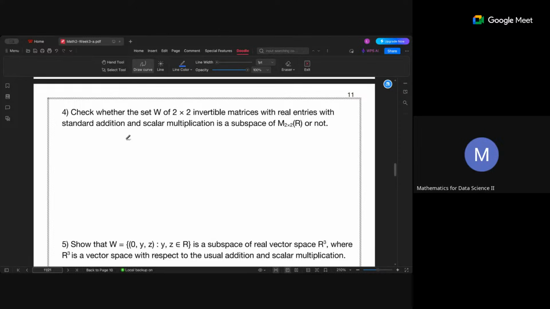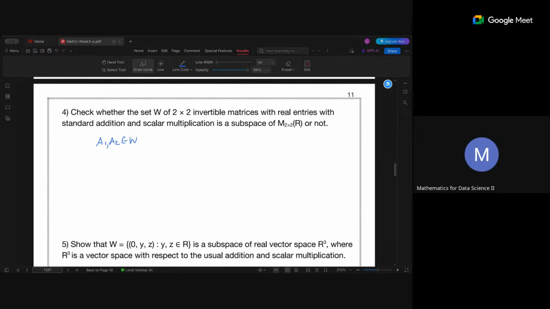Let us take two invertible matrices. They are invertible, but A plus B may or may not be invertible. So in such scenarios, you can guess that the sum of two invertible matrices need not be invertible. In such scenarios, pick specific examples to make your statement concrete.